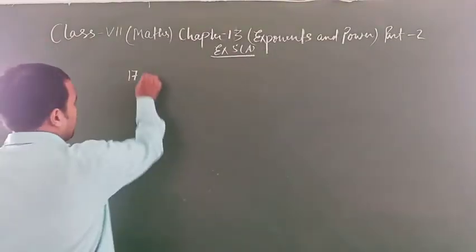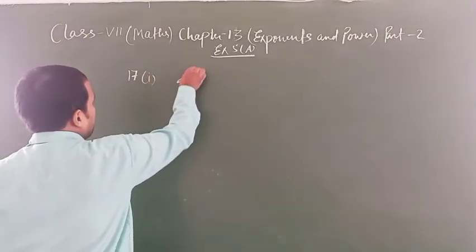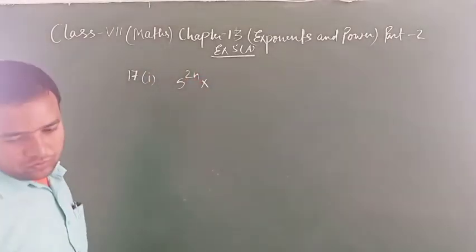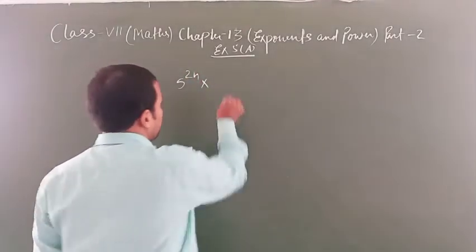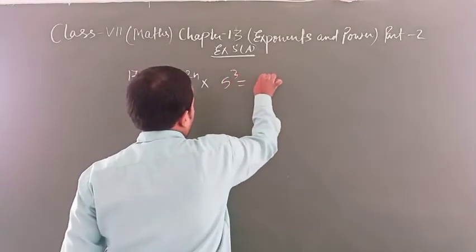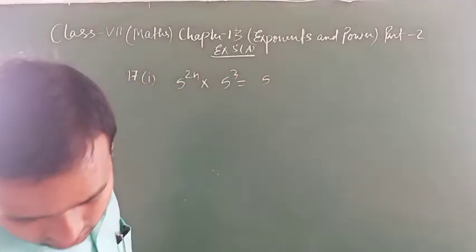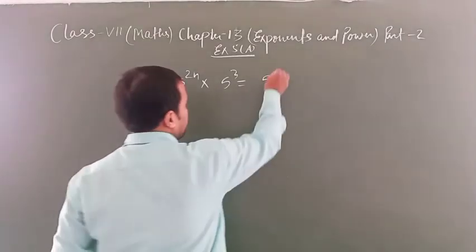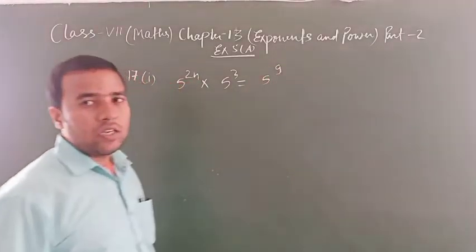5 power 2n into 5 power 3 equal to 5 power 9. Clear?